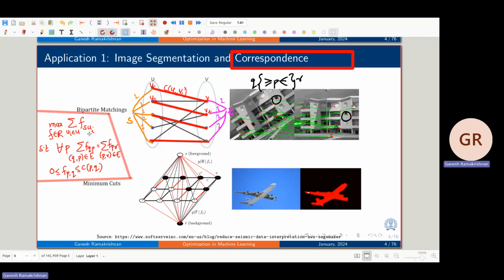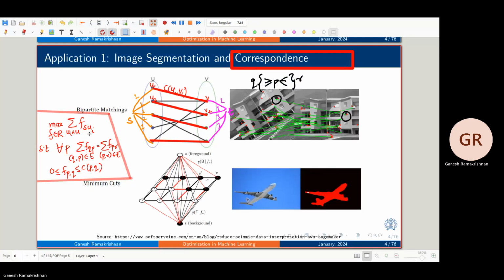So C_UV, the capacity of an edge, would be how related are those two pixels. For every pair, I could have a C(U,V). Let's say this is a pixel U, this is a pixel V, and this is a capacity C_UV associated with the edge. So I want to utilize that well if I select that edge at all.